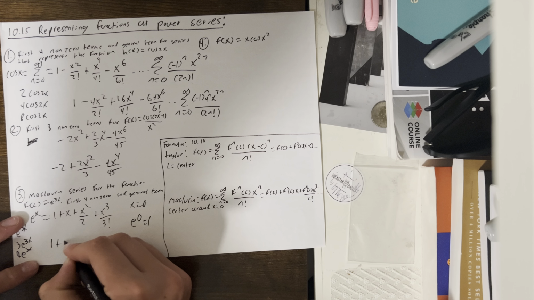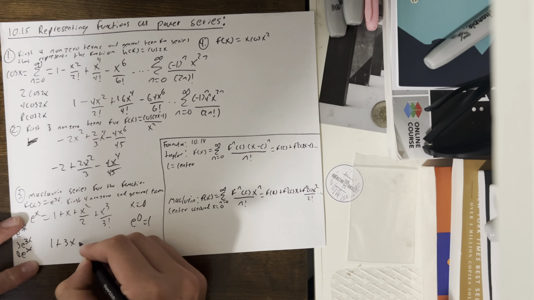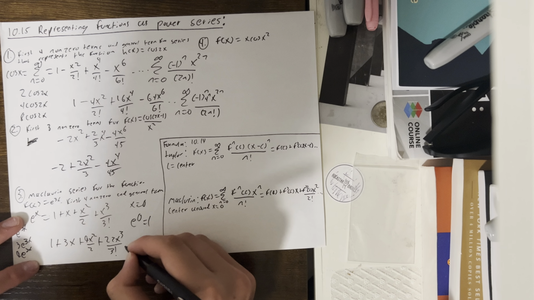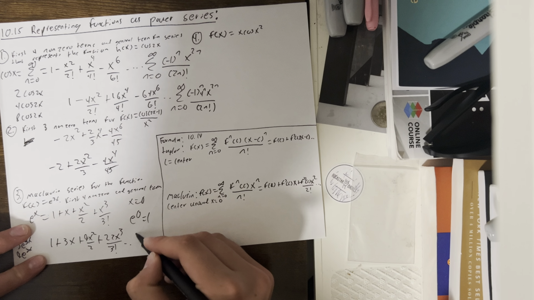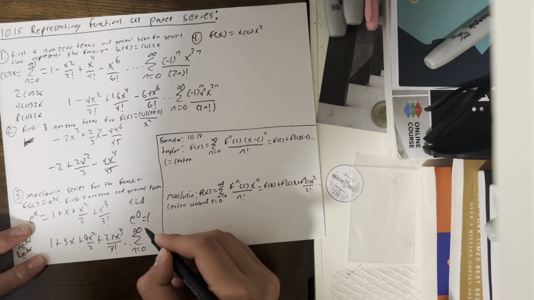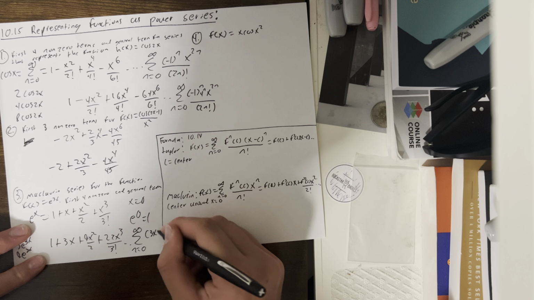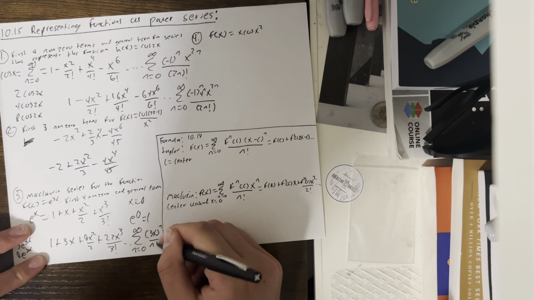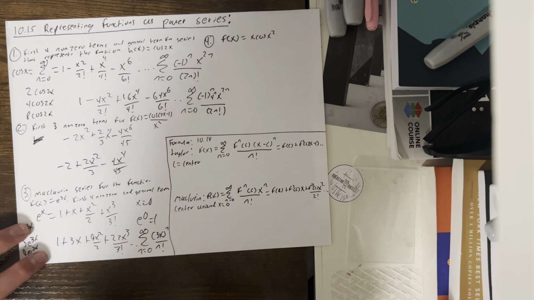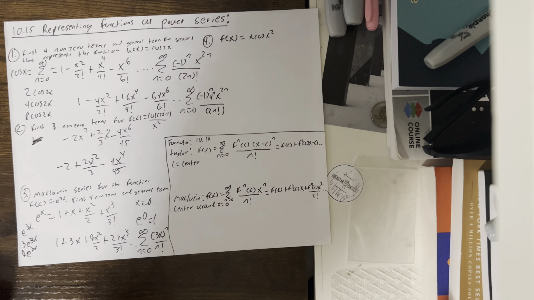So it'll be 1 plus 3x plus 9x squared over 2 plus 27x cubed over 3 factorial, which, if you want to write it in the full power series notation, it'll be represented as that, simply because you're multiplying by 3 every time.